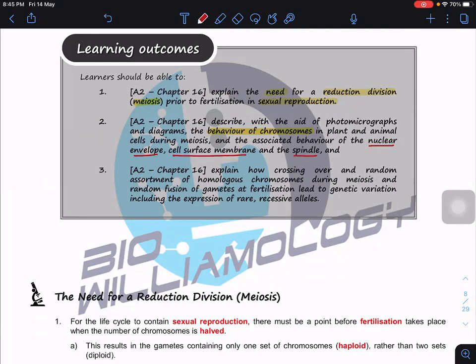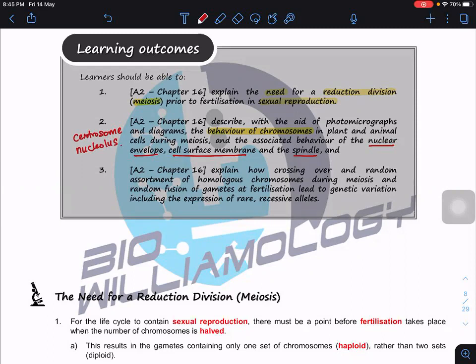In my notes, I will add a few more things, for example the behavior of the centrosome, the centriole in animal cells, and the behavior of the nucleolus, as extra things that we are going to learn.